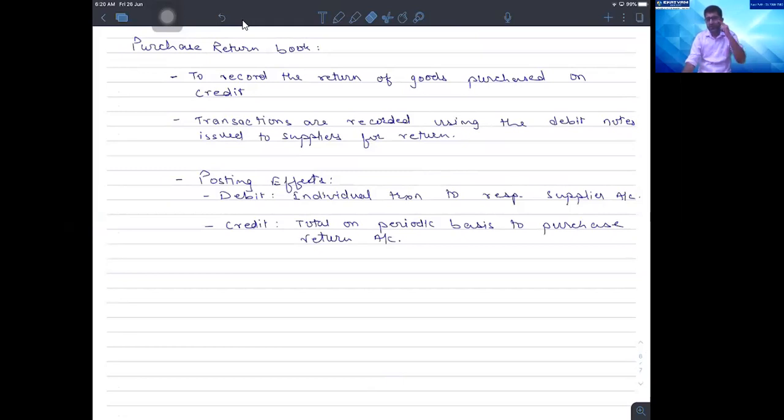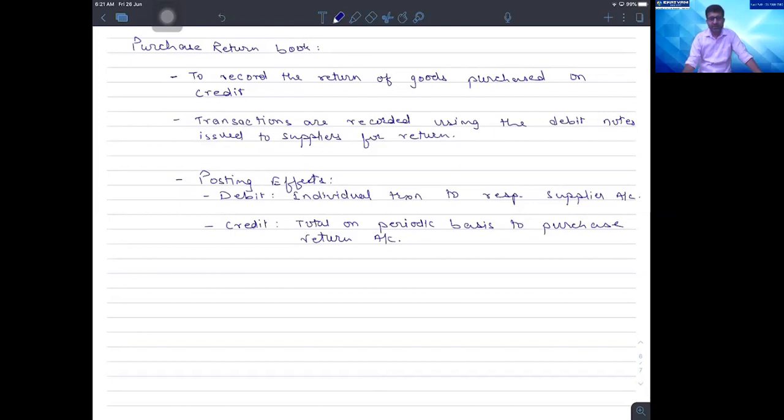Because understand that these subsidiary books, whatsoever we have been talking about, all become the base for the various transactions that we are expected to bring into our books of accounts. In fact, exact reverse of this is the sales return book.